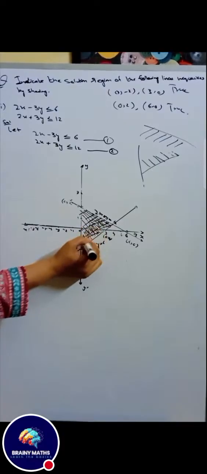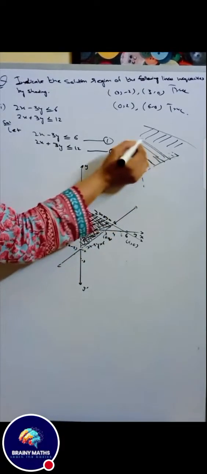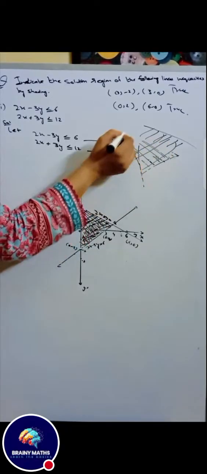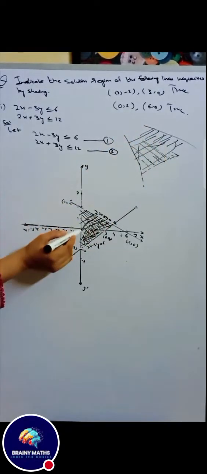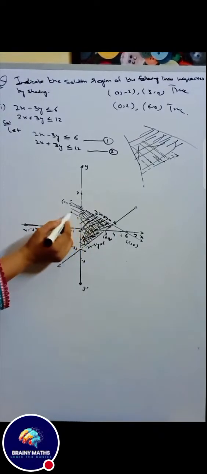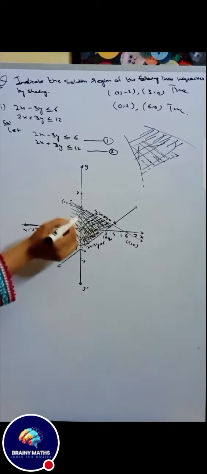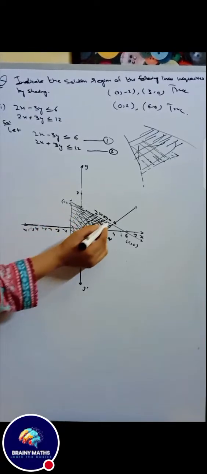So by joining these points, like this one and this one, I get a shaded area. You can shade up to that line, like that. So this is your shading part.